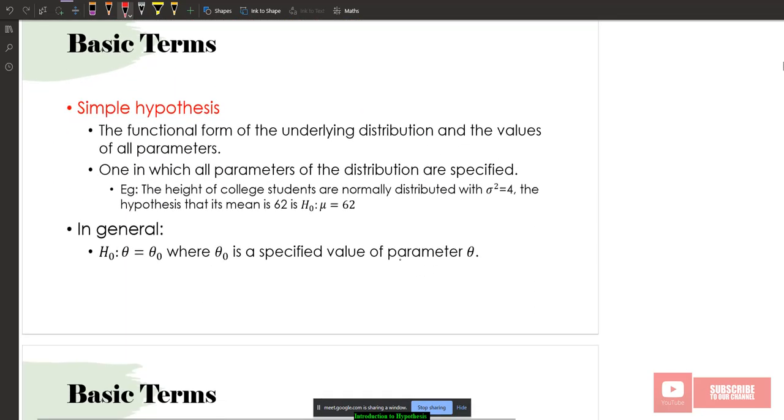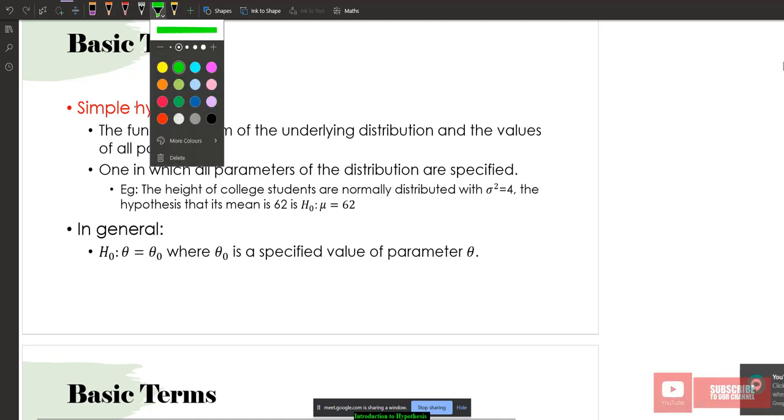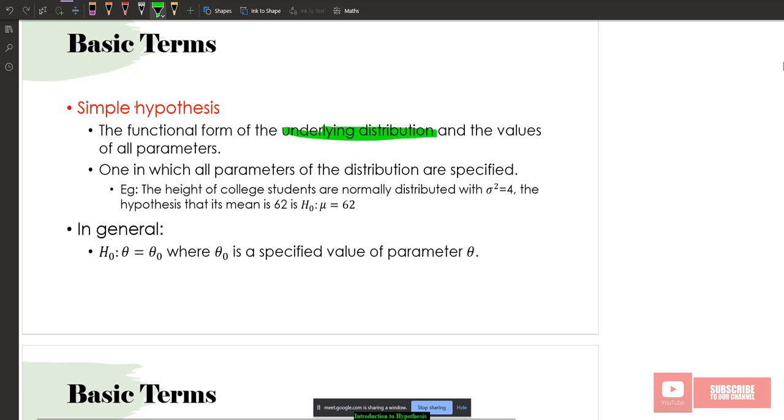Now let's look at the basic terms. We already know simple hypothesis and composite hypothesis. A simple hypothesis specifies the functional form of the underlying distribution and the values of all parameters. This means it has all the values of the parameters, representing some distribution.